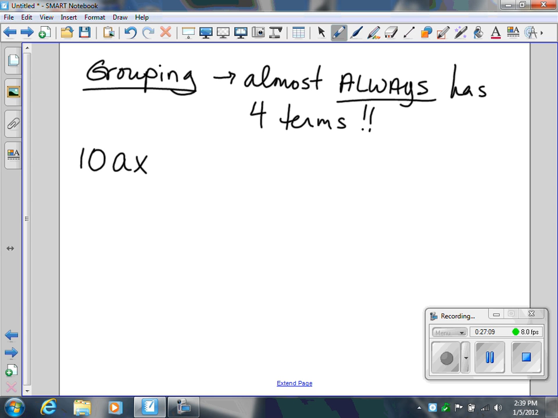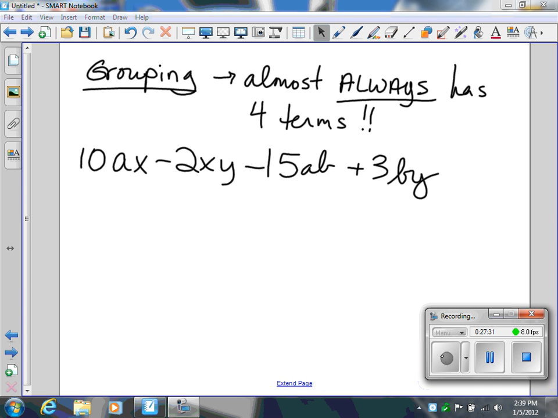10ax minus 2xy minus 15ab plus 3by. I'm going to factor out the GCFs of the first 2 and the last 2. I am going to separate them in just a second.